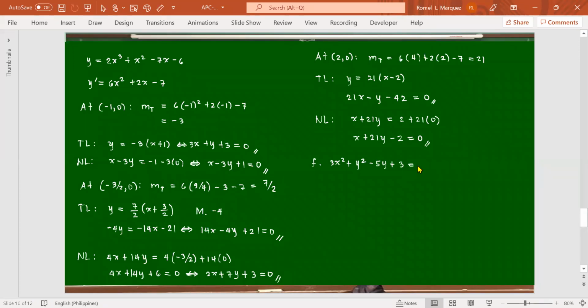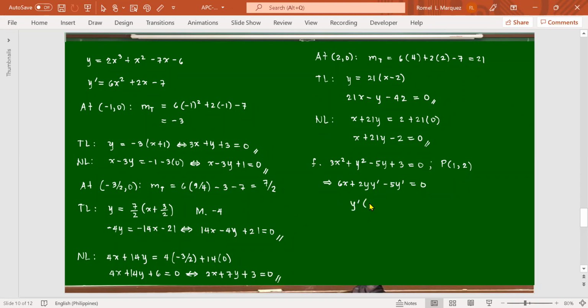At the point 1, 2, kindly check if 1, 2 is really on the curve. 3 times 1 squared plus 4 minus 10 plus 3. Okay, it's on the curve. So differentiate: 6x plus 2y y prime minus 5y prime equals 0, because the derivative of 3 is 0.